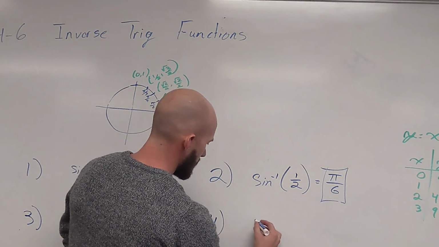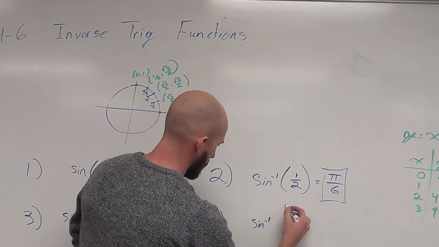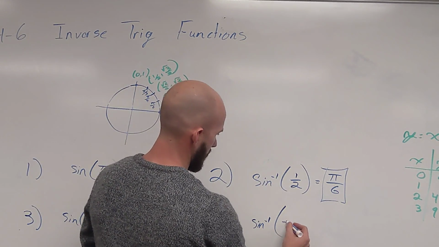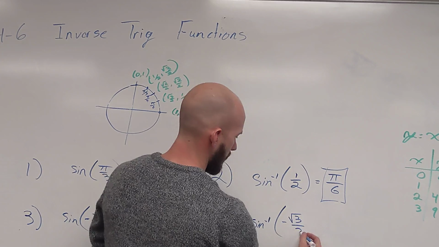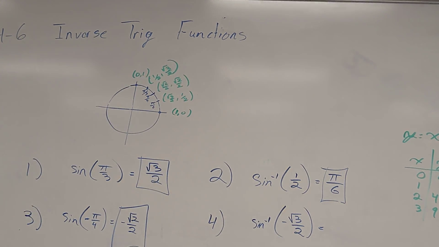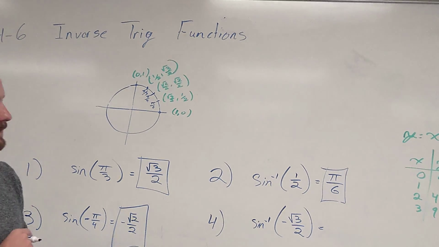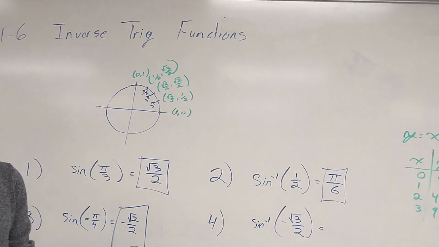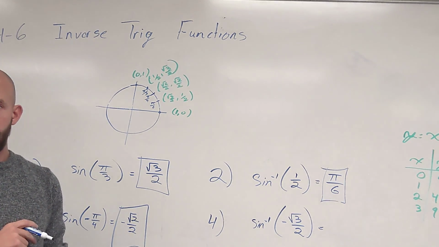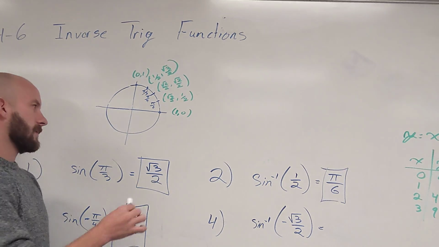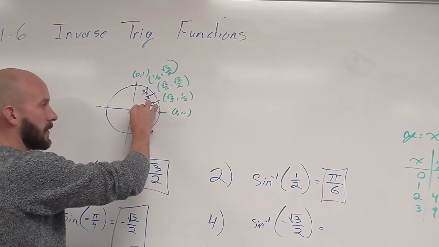And what would sine inverse of negative square root of 3 over 2 equal? Pi over 6. Close. Where would it be at? Would it be here, here, or here?